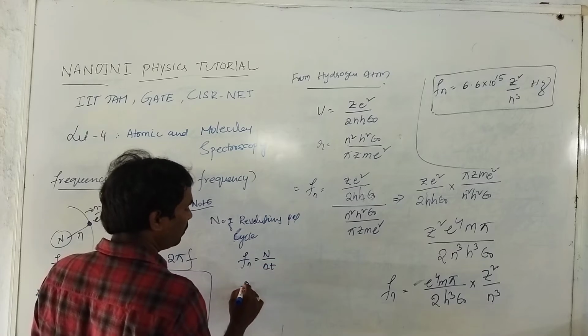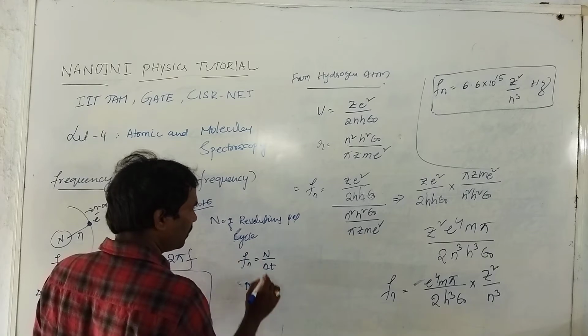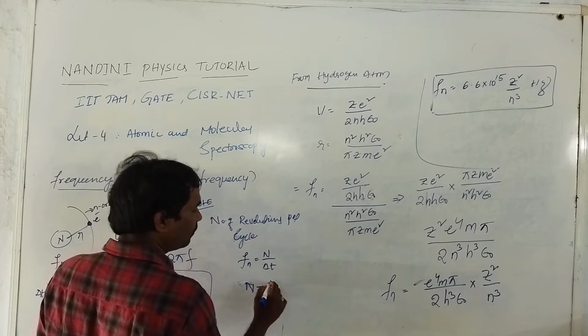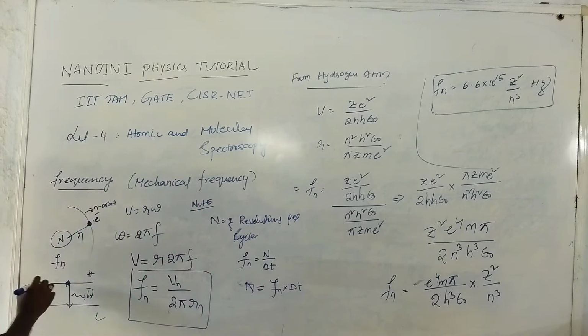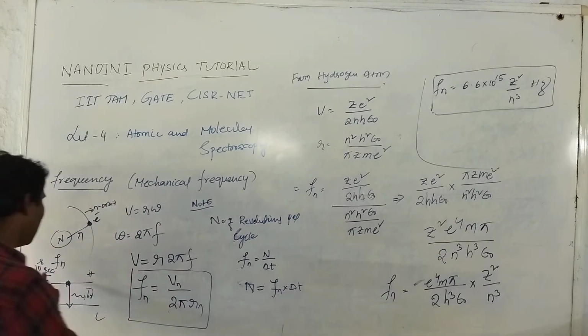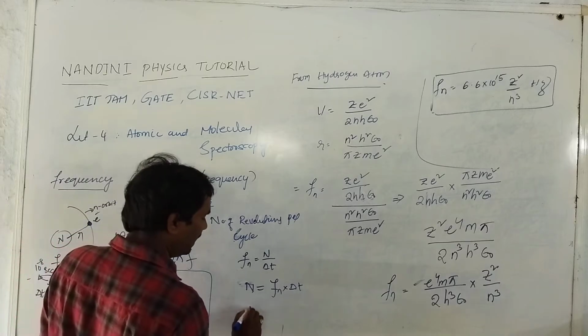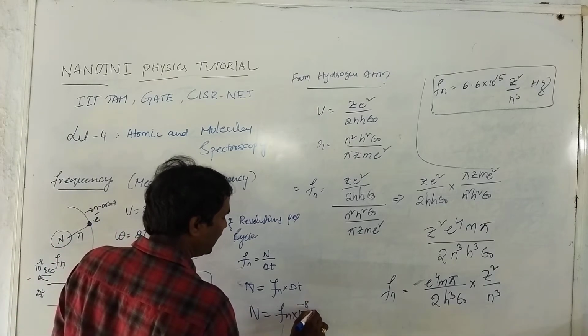Therefore you can easily write the number of revolutions per cycle: n is equal to frequency times the changing time. The changing time is the lifetime of this excited state, 10 power minus 8 seconds. So n is equal to frequency times 10 power minus 8 seconds.